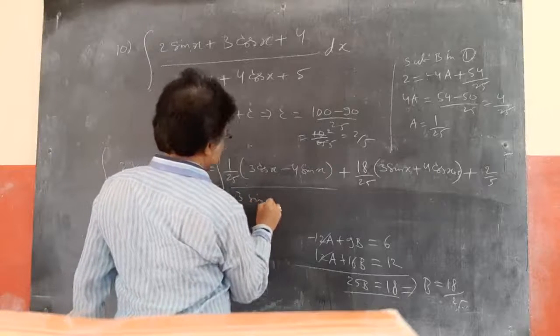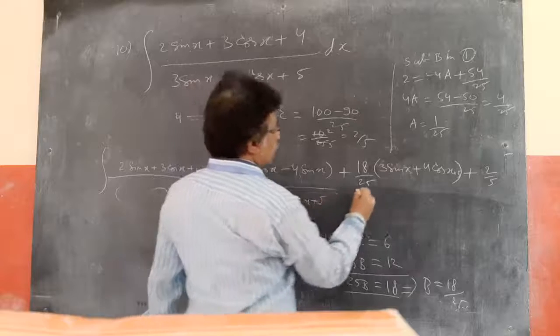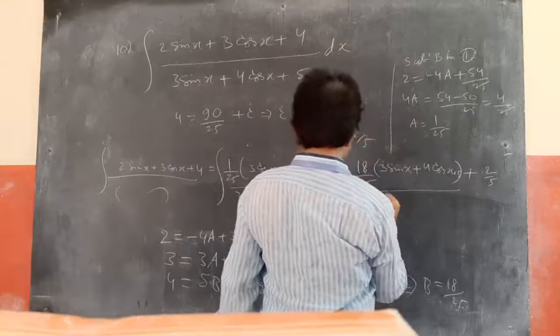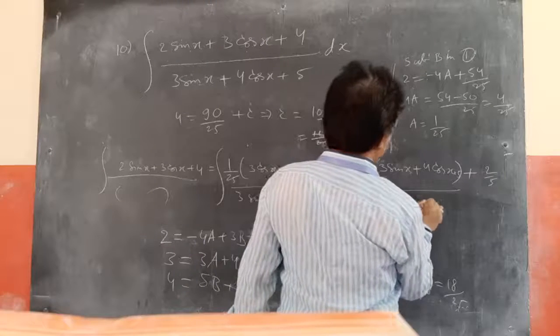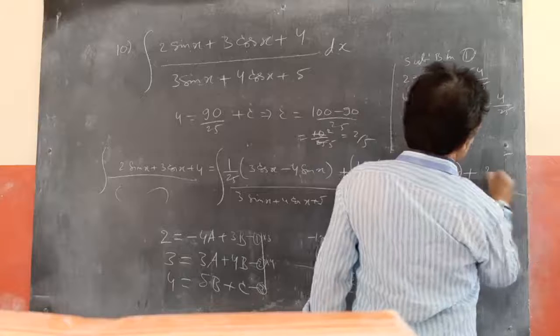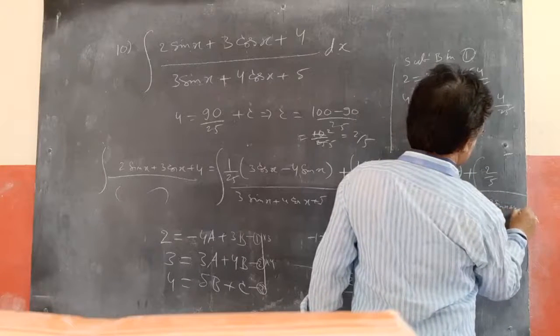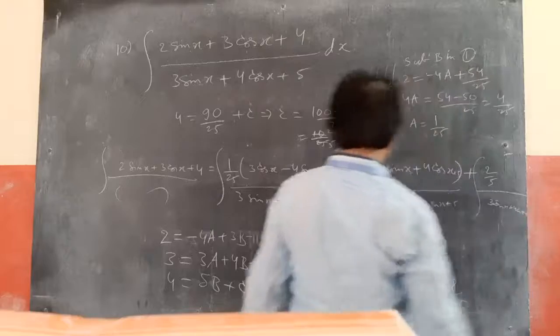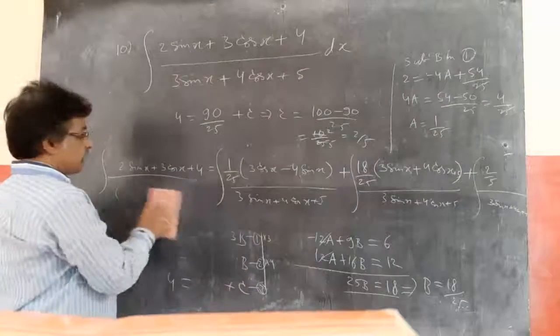3 sin x plus 4 cos x plus 5. And here also, this by denominator as it is, 3 sin x plus 4 cos x plus 5. This also, denominator as it is, 3 sin x plus 4 cos x plus 5. Now coming to the picture, this is f dash x by fx, log mod fx.